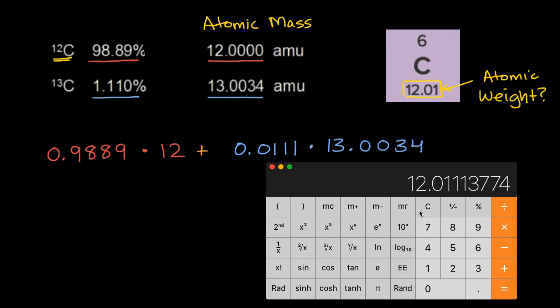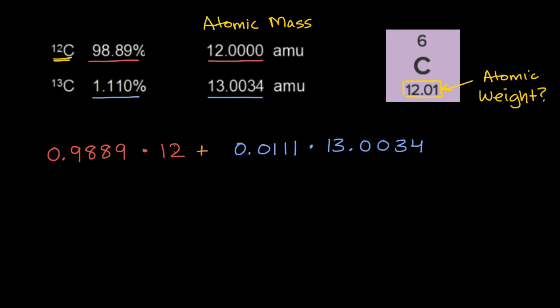And so that's all going to be, as you can see, 12.01113774, which, if you were to round to the hundredths place, is how this atomic weight was gotten. So there you go. That's how we calculate atomic weight. So I could write this as approximately 12.01. It's the weighted average of the atomic masses.